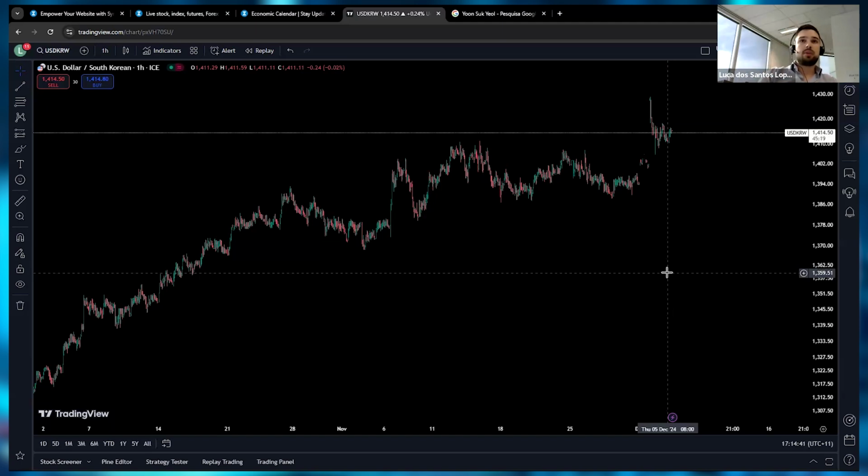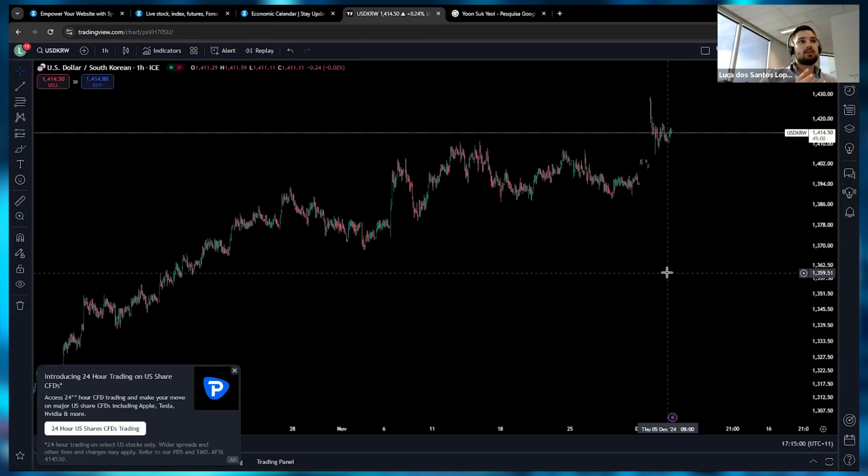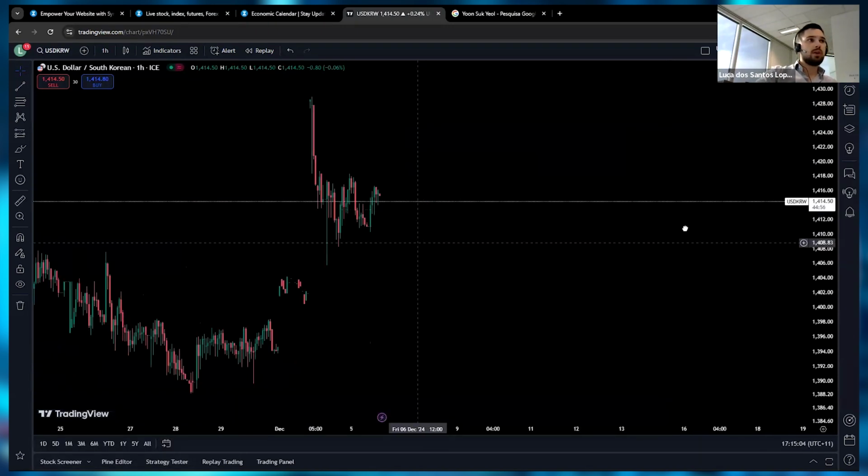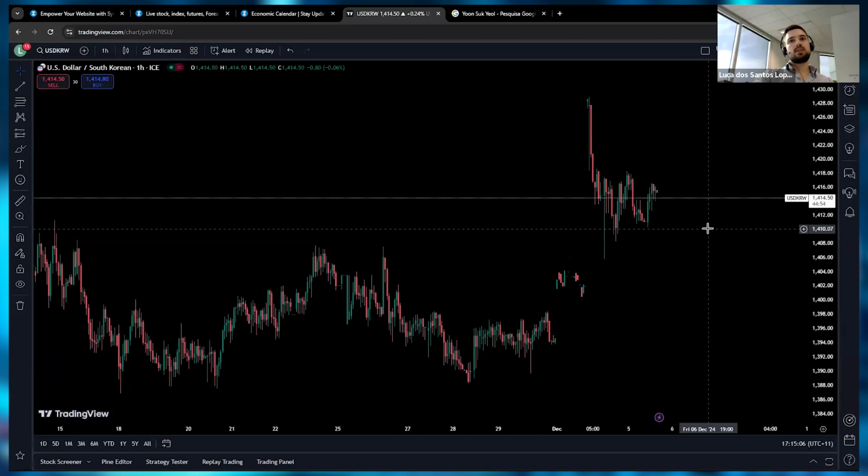The currency is called the Korean won, and it's the 12th most traded currency in the world. The country is also a key player in the semiconductor supply chain. So the initial reaction, as we can see right here on the chart, was a sell-off.